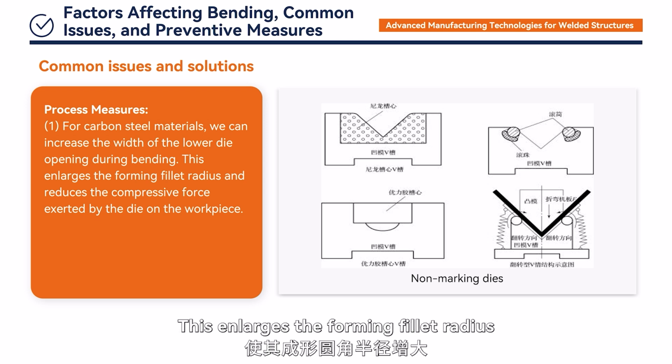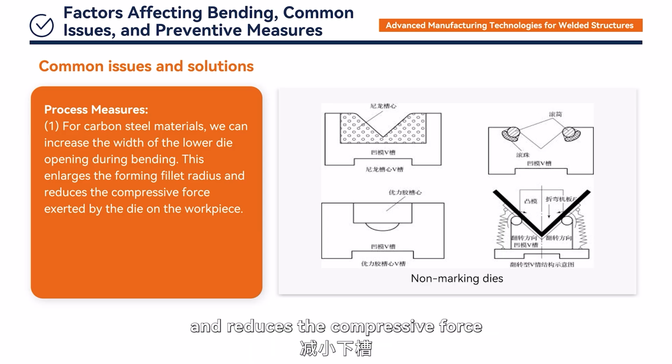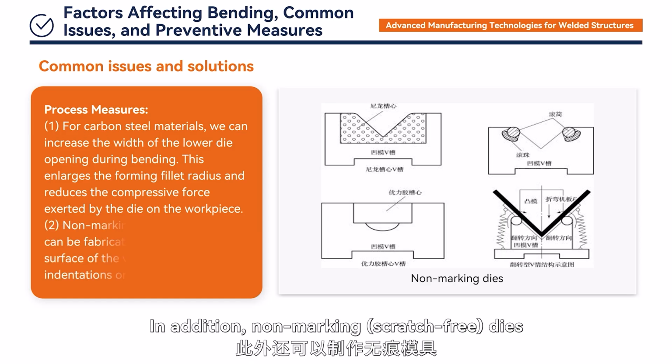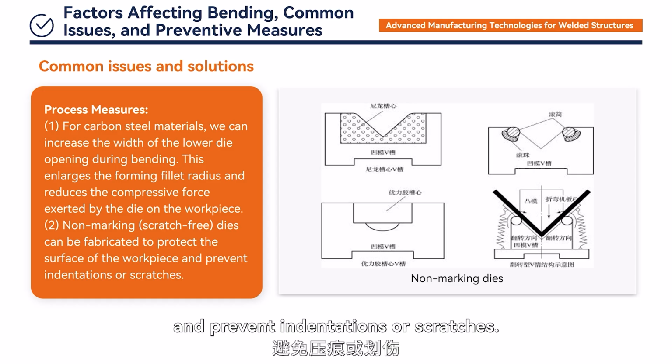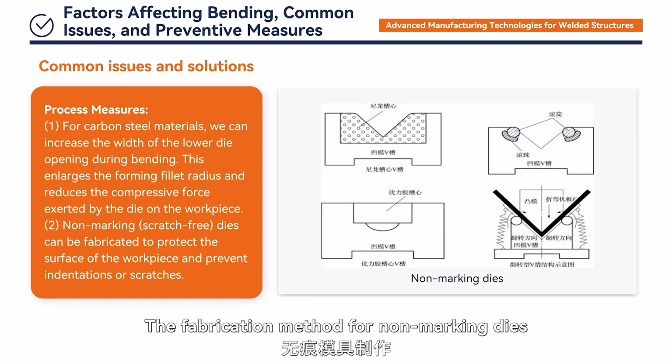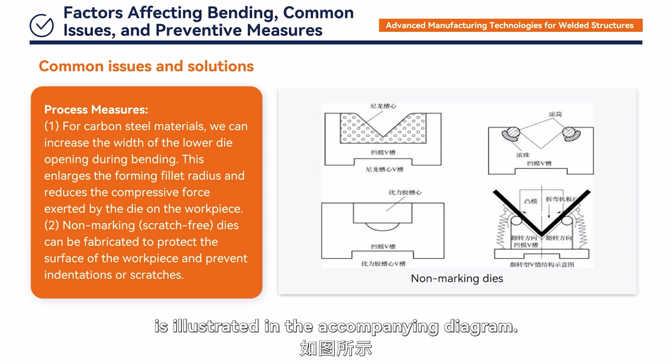This enlarges the forming fillet radius and reduces the compressive force exerted by the die on the workpiece. In addition, non-marking, scratch-free dies can be fabricated to protect the surface of the workpiece and prevent indentations or scratches. The fabrication method for non-marking dies is illustrated in the accompanying diagram.